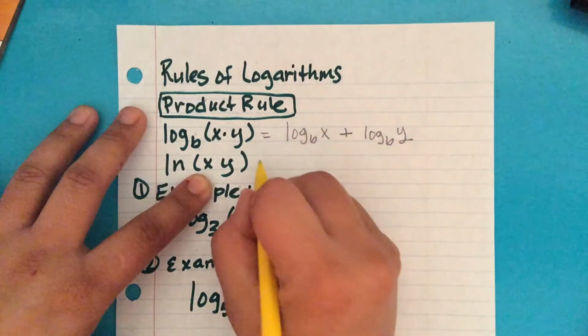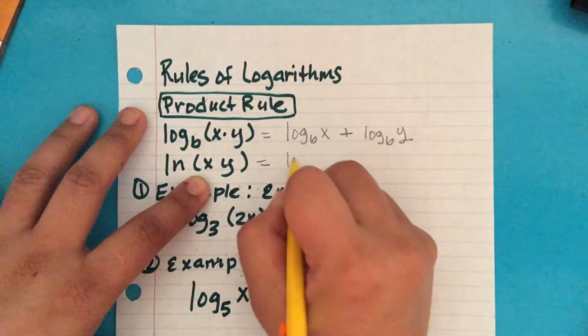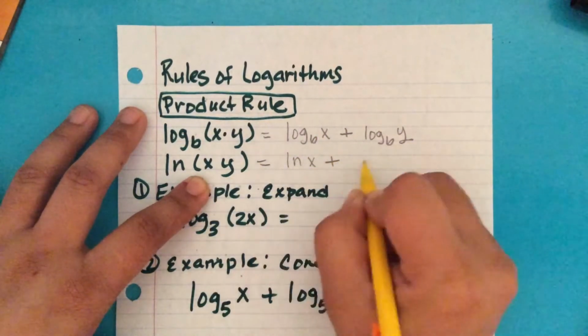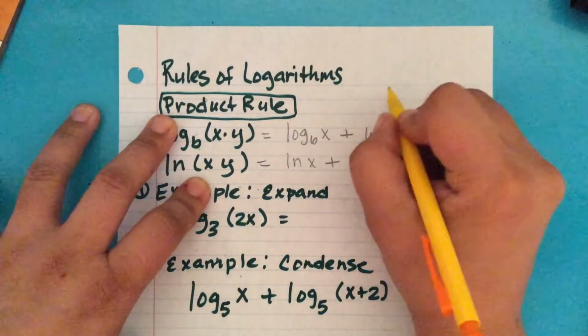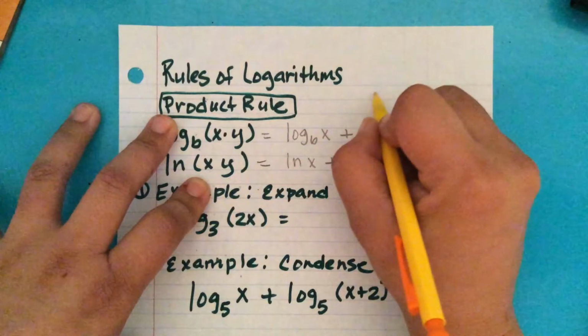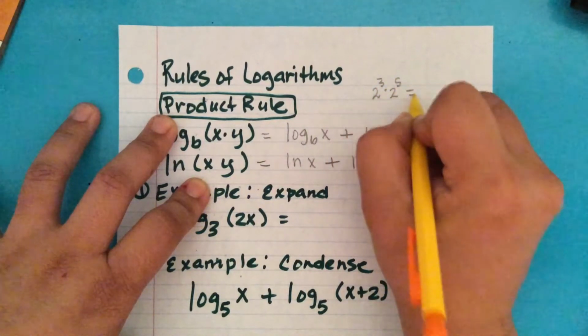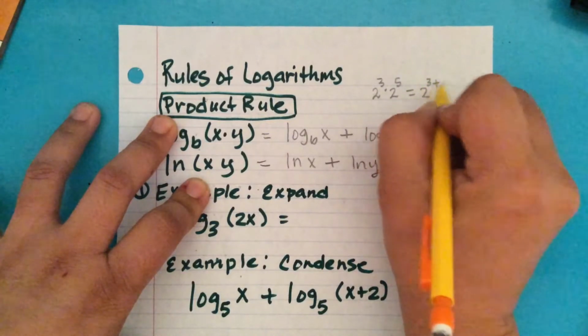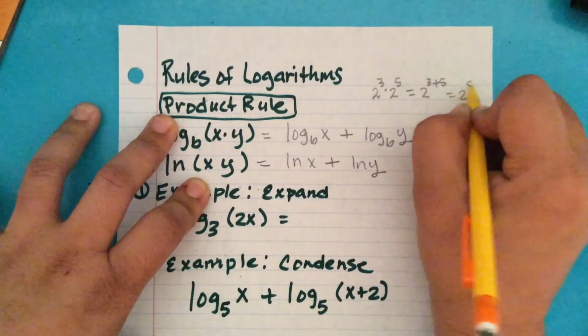And then natural log of x times y is going to be natural log of x plus the natural log of y. So we can remember that if you multiply 2 to the third times 2 to the fifth, that's the same thing as adding the exponents. 2 to the 3 plus 5 is 8.